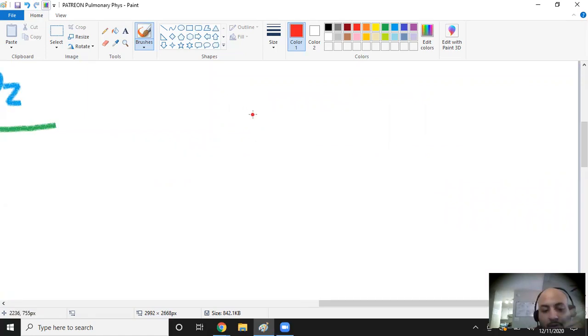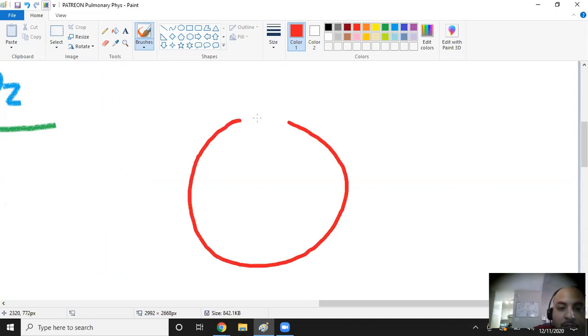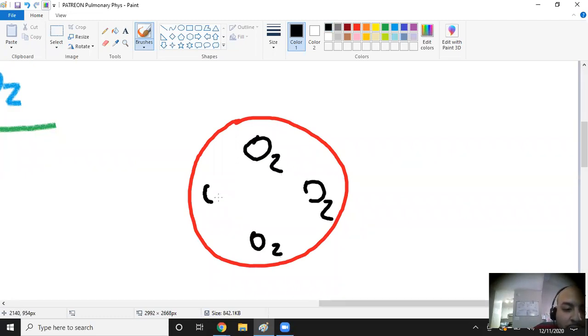The next concept I want to discuss is hemoglobin saturation and desaturation. Let's say here I have a red blood cell. This red blood cell tends to have 4 spaces available for oxygen. Every now and then we have hydrogen ions come around. They tend to be bullies.